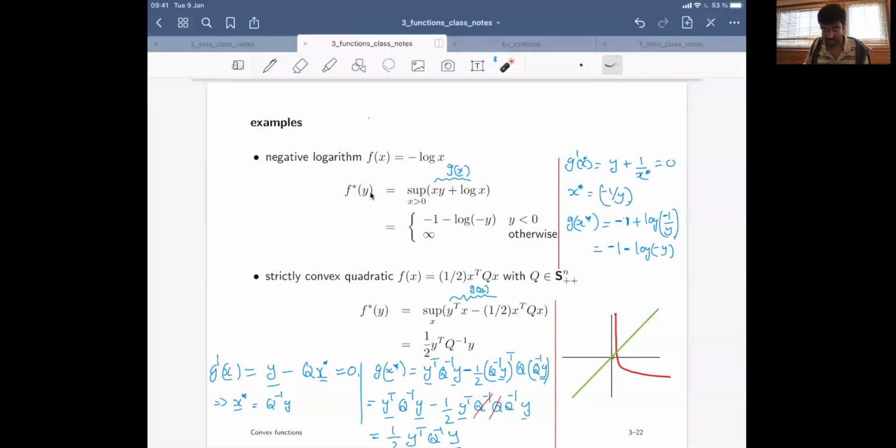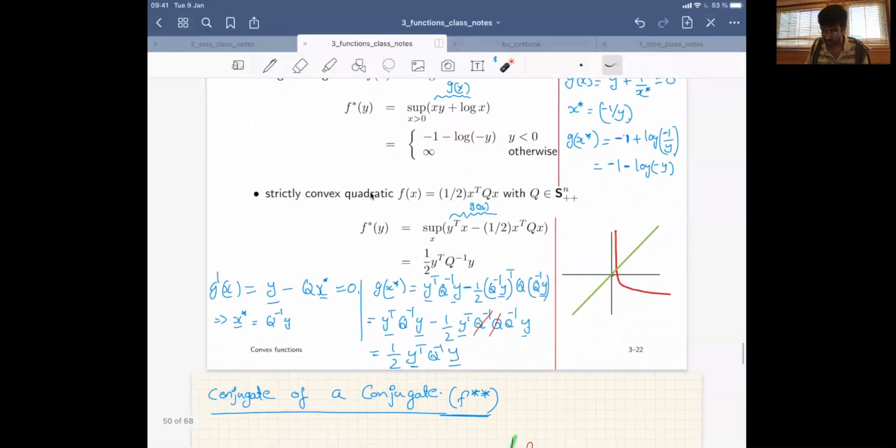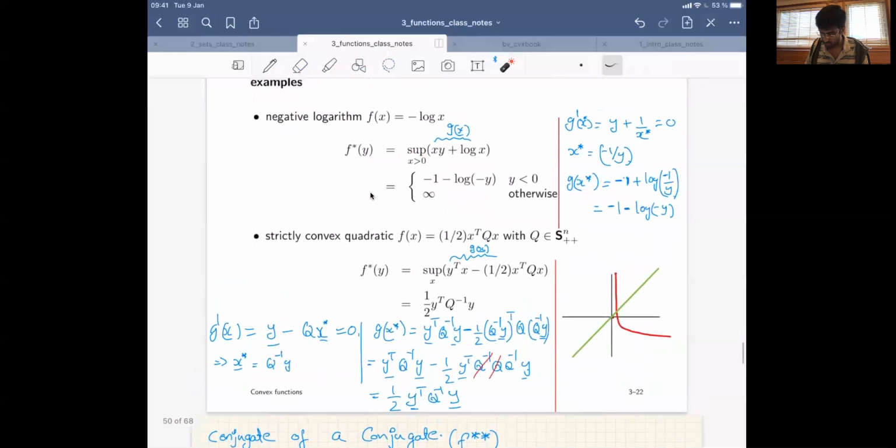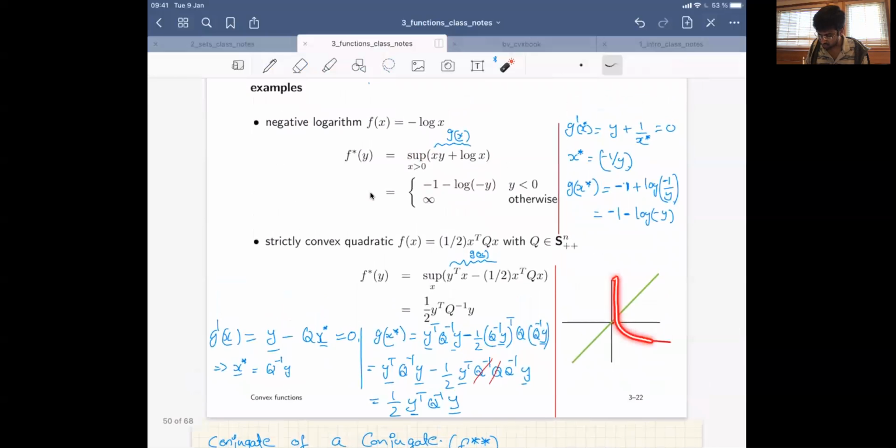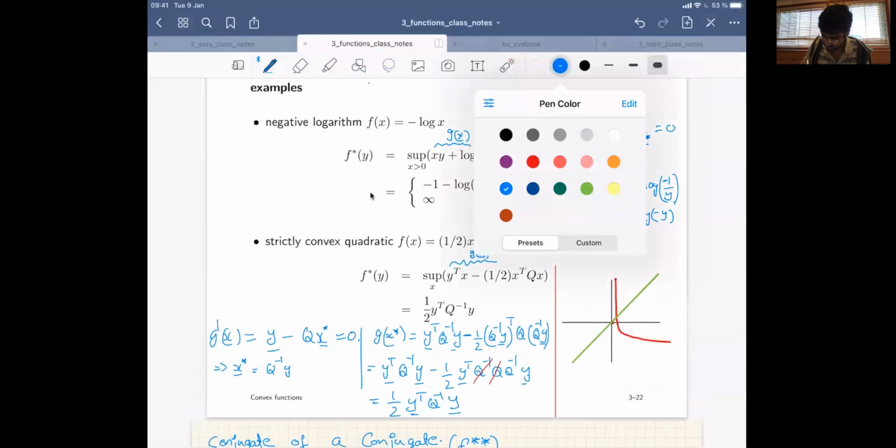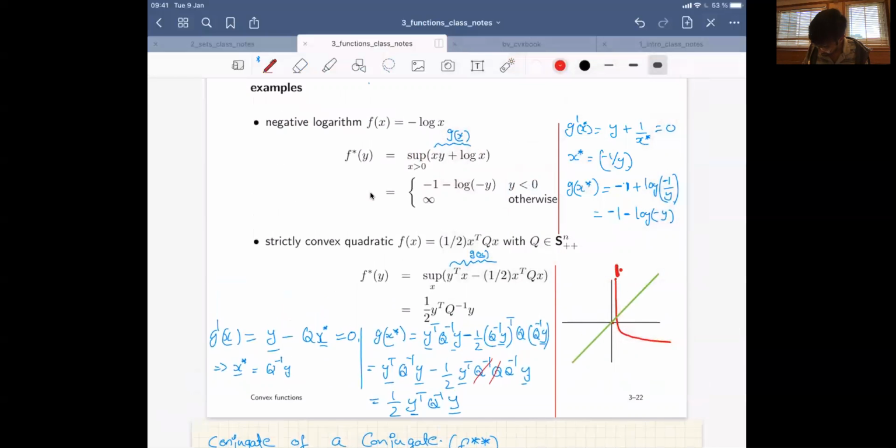When y is greater than 0, you cannot apply this formula because this is not defined. In that case, you have to see. So for example, this is our log x, and I am considering a value y here.